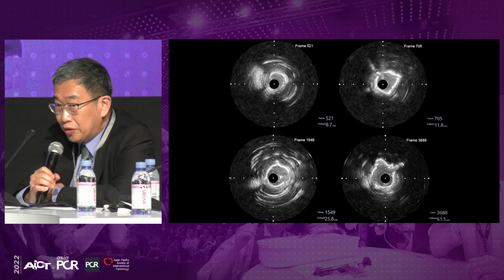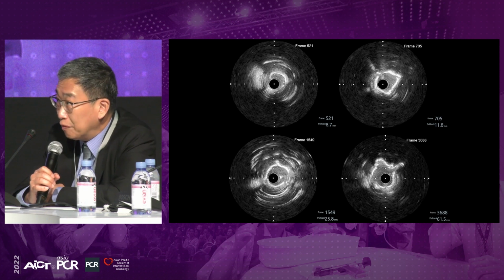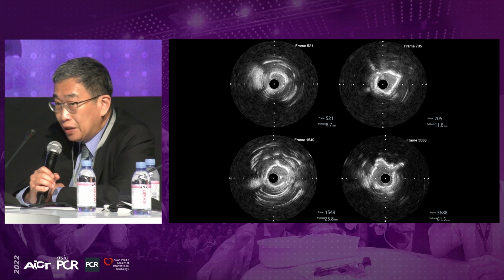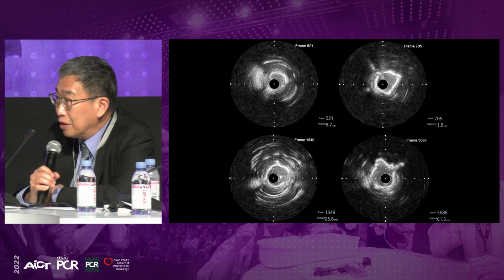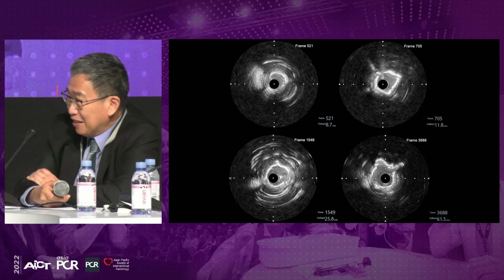In our center, we still have the OPN balloon that we can use instead of the IVL. It can reach very high pressure, up to about 40 to 50 atmospheres, and I think the mechanism is quite like the IVL. So that's my choice: OPN, a higher pressure balloon, rather than shockwave.